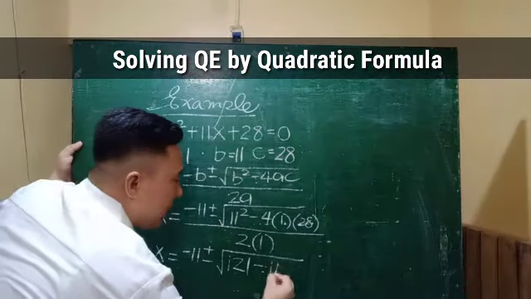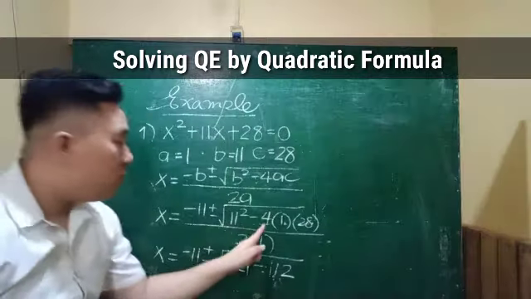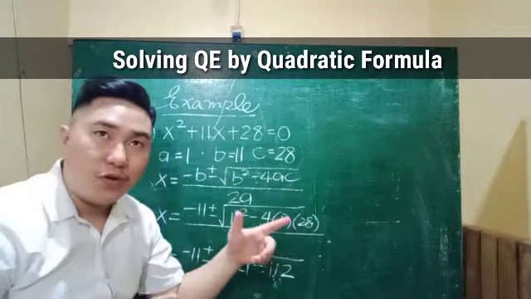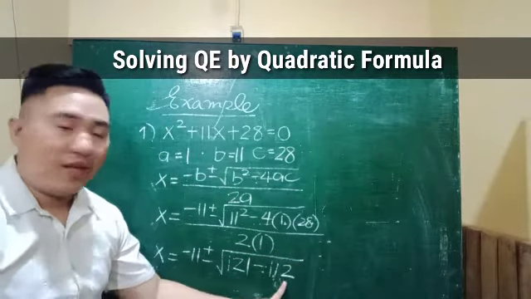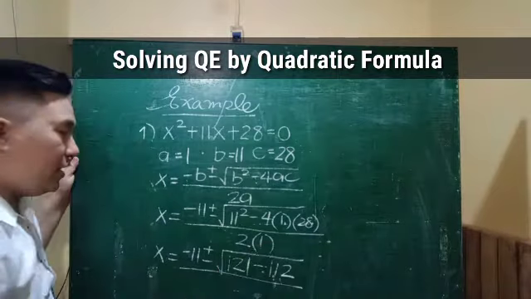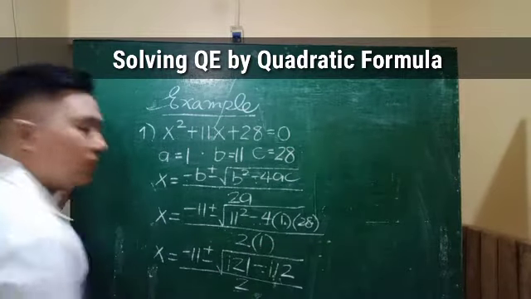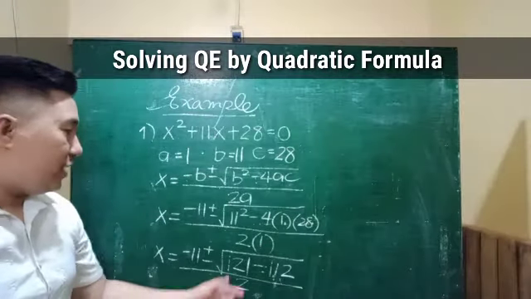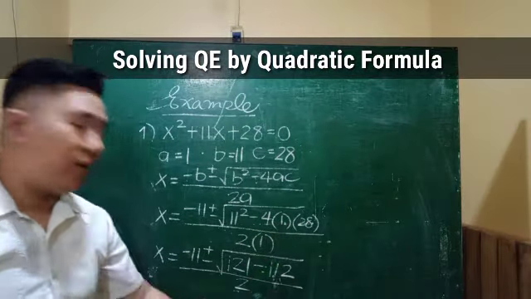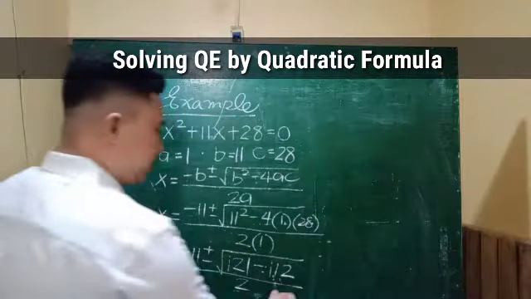Okay? Again 4 times 1, 4. 4 times 28 ay 112. Then, all over 2 times 1 ay 2. Okay? Ang ginawa natin, sinimplify muna natin ito. Okay, laging 112.